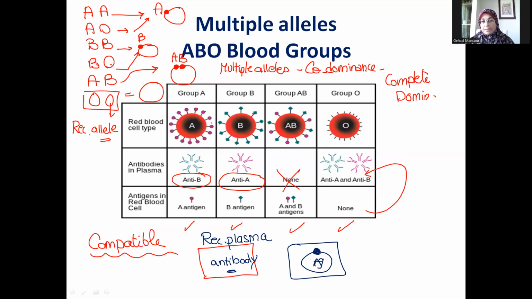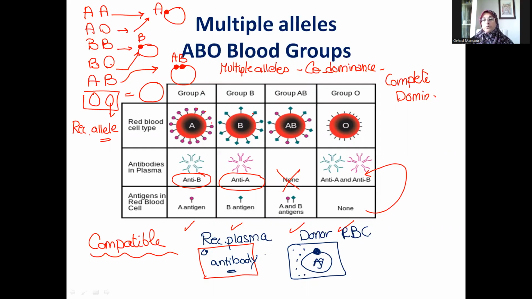So here we have an antigen on the donor RBCs. Why don't we care about the plasma of the donor and the RBCs of the recipient? Because the plasma of the donor is a small volume and it would be diluted and have no effects when received by the recipient.